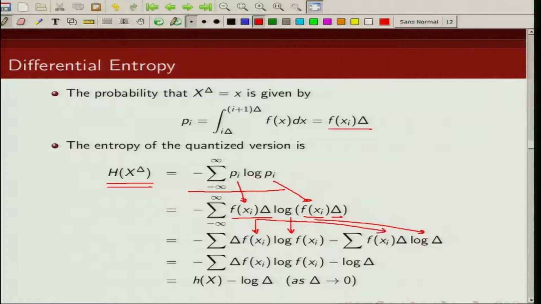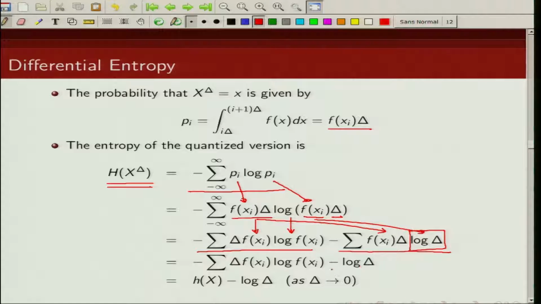What we have is this term plus this term. Now this term does not depend on the xi's, and if you sum f of xi times delta over i, this will basically be 1.